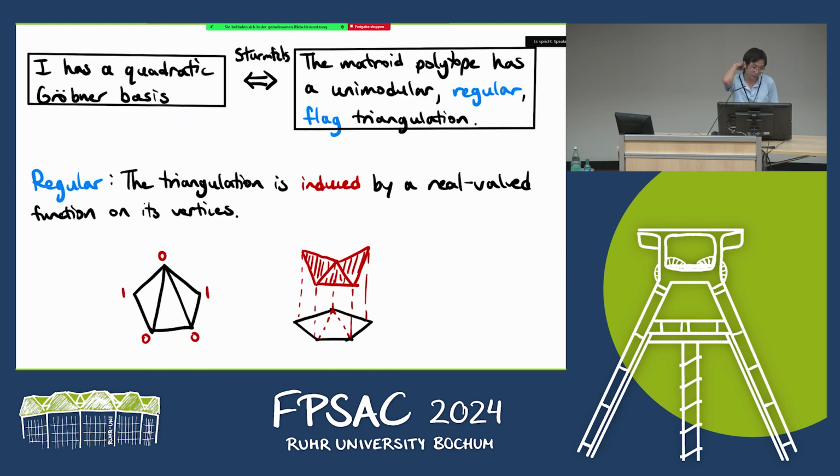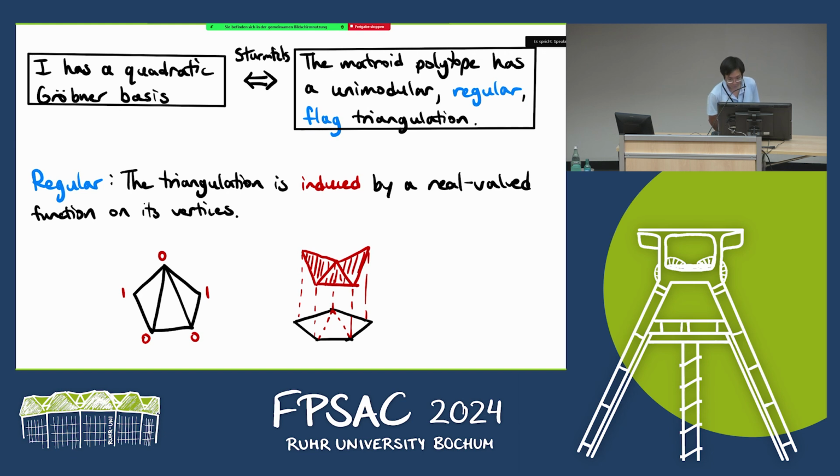That's because of this correspondence by Sturmfels between Grobner bases and convex geometry, and in this case, what it translates to is that this ideal has a quadratic Grobner basis if and only if the matroid polytope has a unimodular, regular, and flag triangulation.